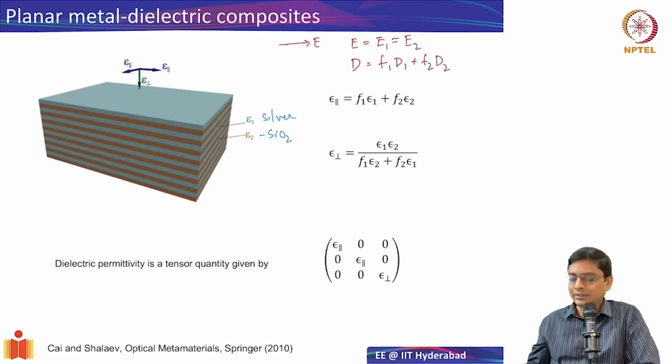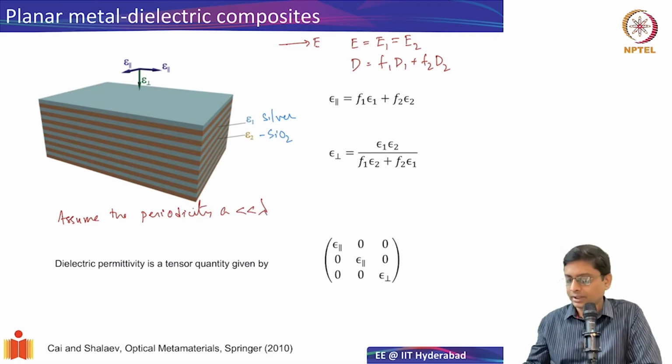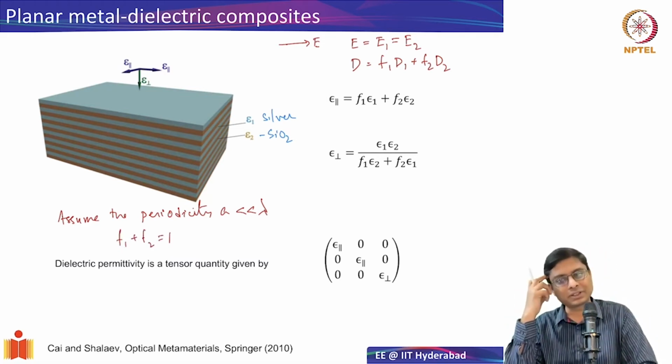What we are assuming is the periodicity a is much smaller than lambda, and there is a certain fill fraction, F1 plus F2 equal to 1. There are only two components in this metamaterial, so F1 plus F2 equals 1.